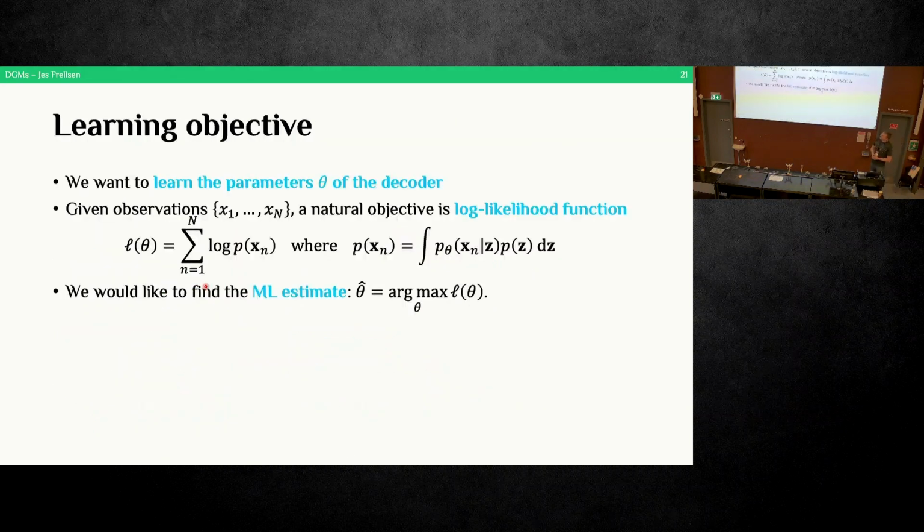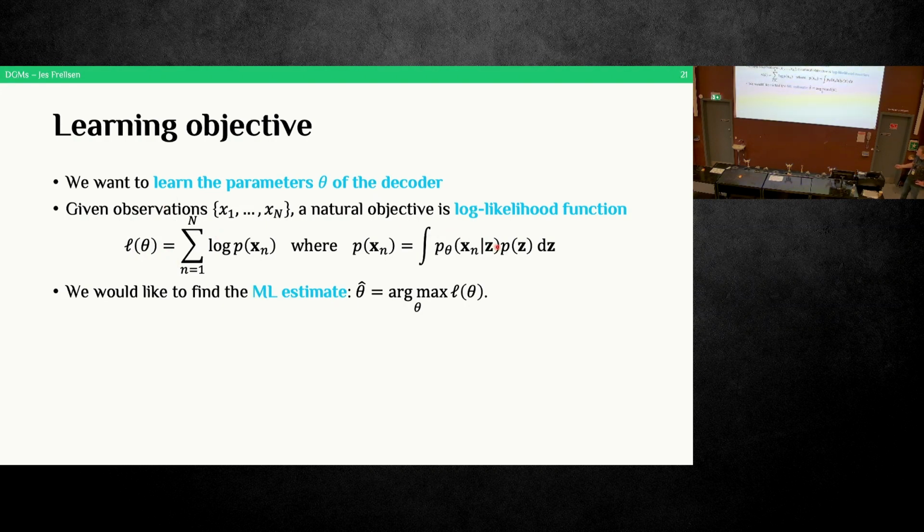Good. So the way we learn them, I already mentioned this, is we want to do maximum likelihood for these models, or for deep latent variable models. I've written down the likelihood function here, where we sum the log probability over our observations, and then we want to optimize this function with respect to the parameters.